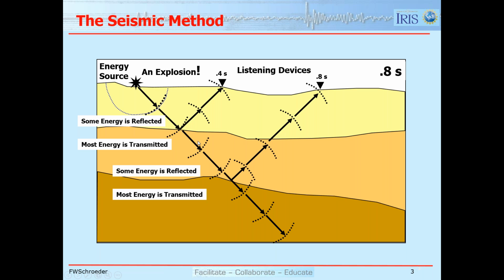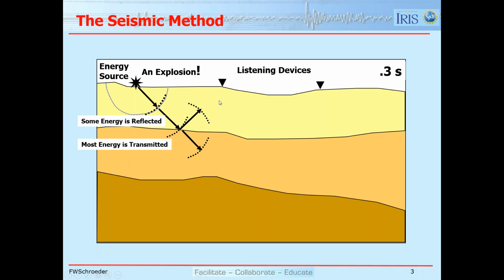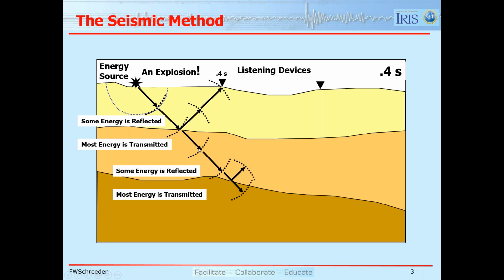Let me start that animation again. So 0.1, 0.2, some energy is reflected. Most of it's transmitted, 0.3, 0.4, 0.5, 0.6, 0.7, and the second listening device receives reflected energy off of the deeper interface at 0.8 seconds.